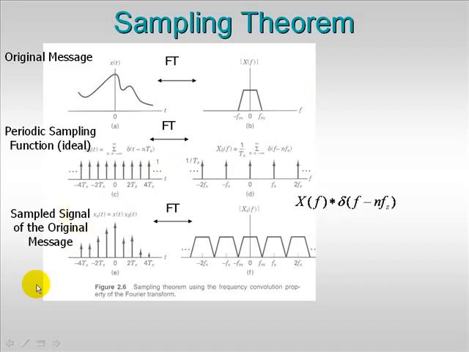Equation-wise, we saw that it was a convolution between X of f and the periodic pulse train in the frequency domain, resulting in multiple spectra of the original signal centered at the sampling frequency and its harmonics.